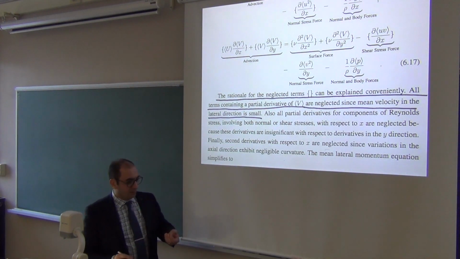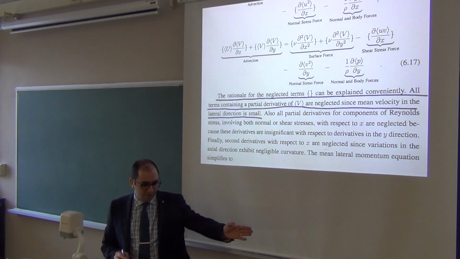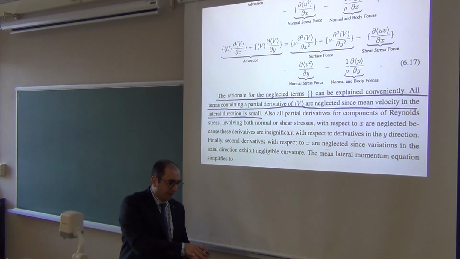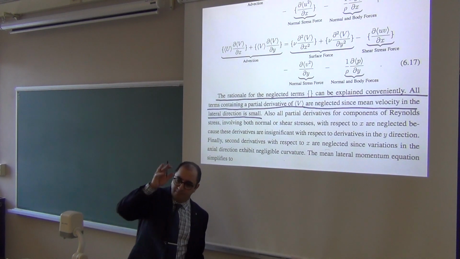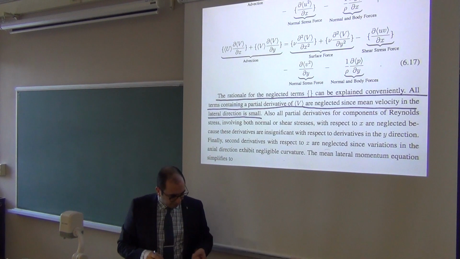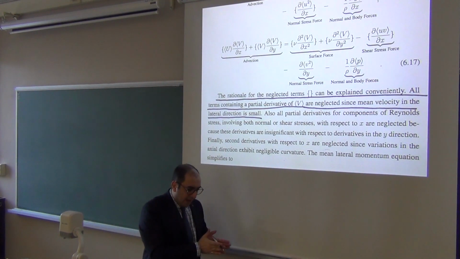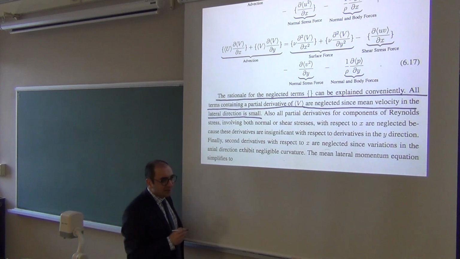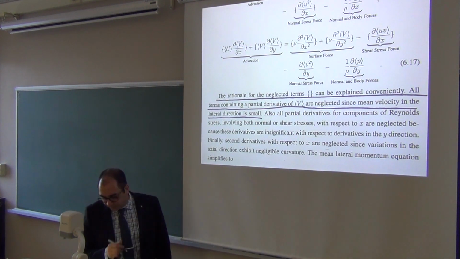Remember the water hose example? Jets mainly go in the axial direction. They don't immediately expand in the radial direction. If you've got a water stream going out, it just keeps going forward. It only very gradually expands. So the radial component of velocity is very small, maybe less than 2 or 3% of the axial one.